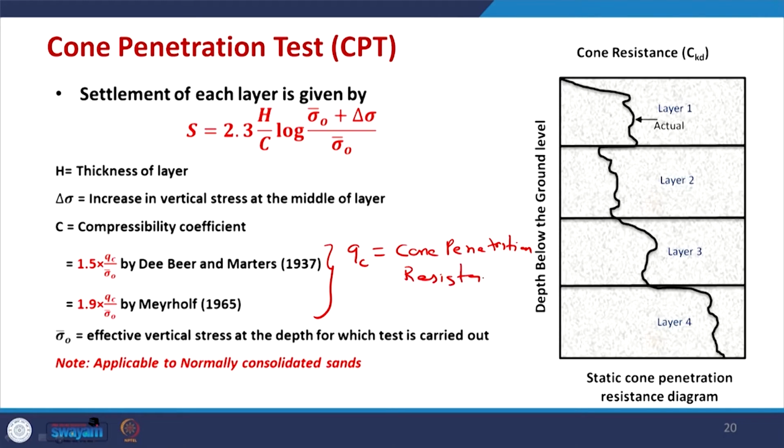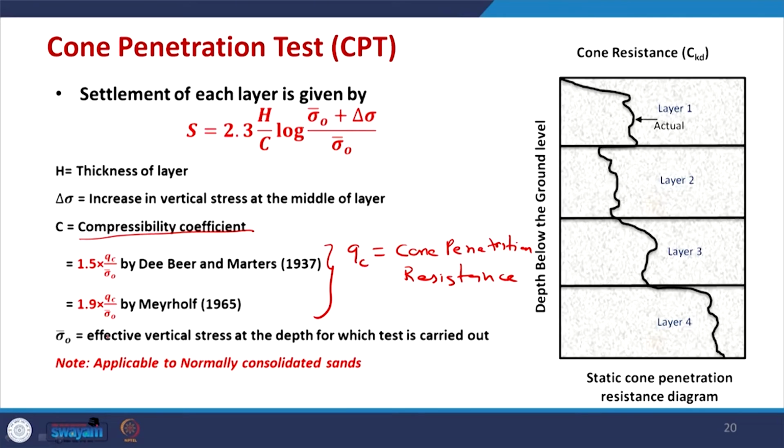Once this QC is known, then using either of these two empirical relations, one given by De Beer and Metras and another by Meyerhof, one can find the value of the compressibility coefficient C, which in this case is QC divided by sigma 0, where sigma 0 bar is the effective overburden pressure at a particular depth for which you want to find the settlement.